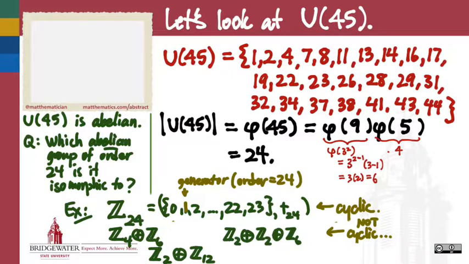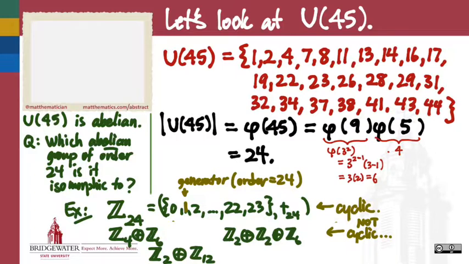Our big question that we're building toward, the capstone of our semester, is this: by listing out all the possible ways to factor our number, 24 in this example, into a product of things that are not relatively prime one to another, like 4 and 6, 2 and 12, 2, 2 and 6, is that process enough to guarantee that we've listed every possible abelian group of that order? Is this the way to classify all abelian groups of a given order?